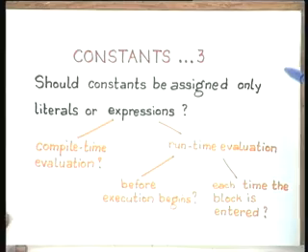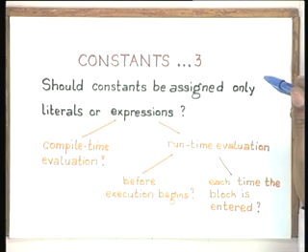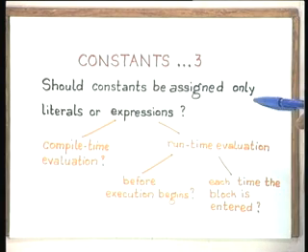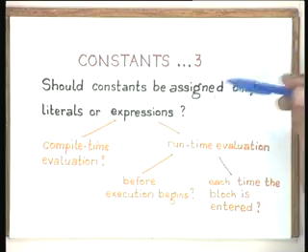Should constants just be names of some literals, or should they be allowed expression values? And then if you allow expression values, would you insist on a compile time evaluation or a runtime evaluation? If it is a runtime evaluation, would it be just before program execution begins or each time the block is entered in which the constant is declared?